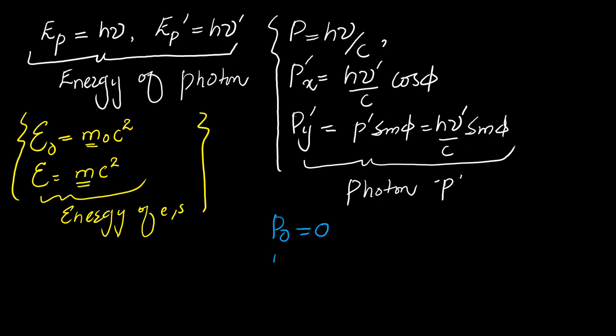The momentum of the scattered electron along the x-axis will be p dash x, equal to mv cos of theta, and the momentum of the electron along the y-axis is equal to mv into sine of theta.